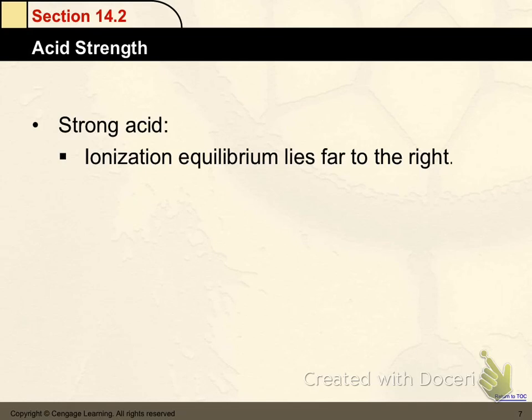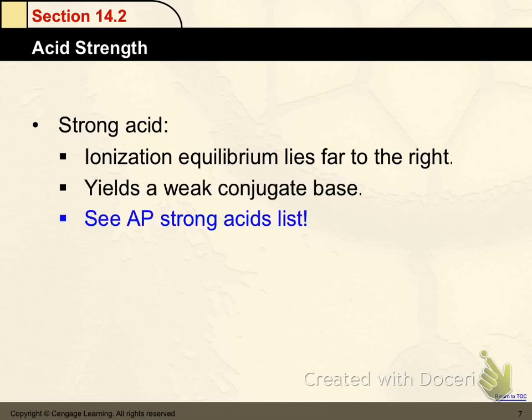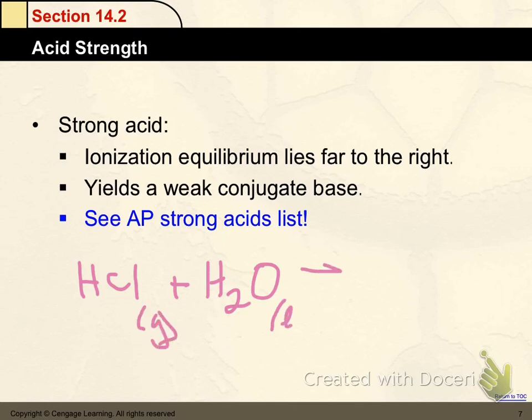And so when we put this stuff into water, there's no HCl left. There's a whole bunch of H on its own, and there's a whole bunch of Cl on its own. That's what makes a strong acid. Strong acids yield a weak conjugate base. So if we think about HCl, hydrochloric acid, really strong stuff, if we put that, the gas form, into a liquid, this is equilibrium.